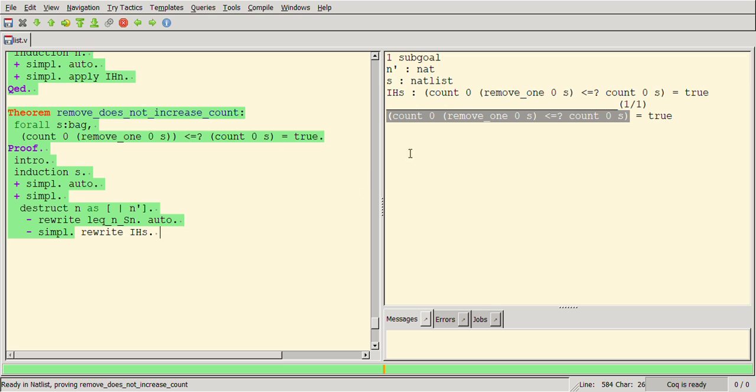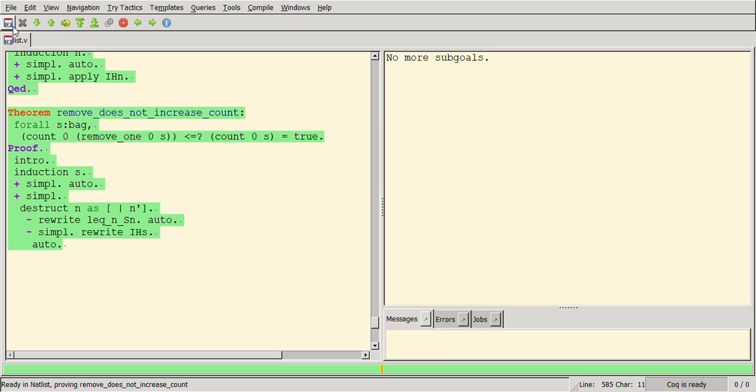So IHS, by reference of this hypothesis, this highlighted expression would be replaced with true. And let me compile this to see if it happens or not. Yes, it does. So we got true on both sides. So we can now close this with auto. Okay, so we can now close this theorem and we are done.